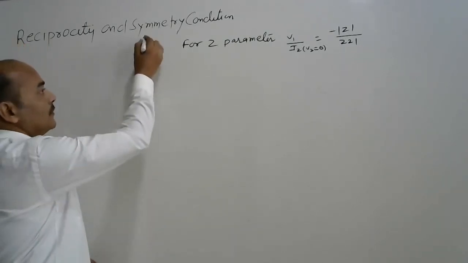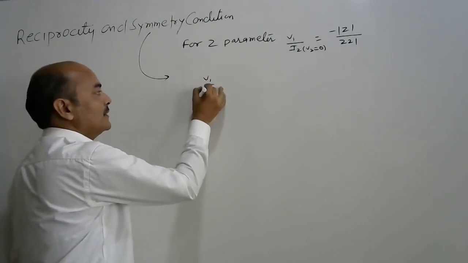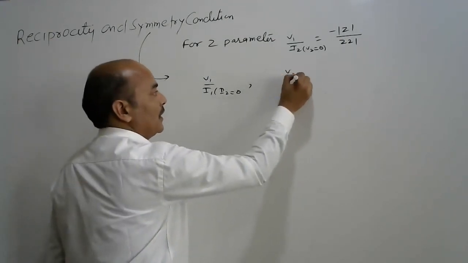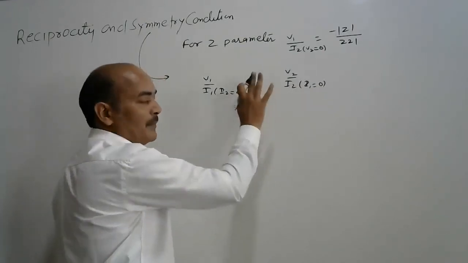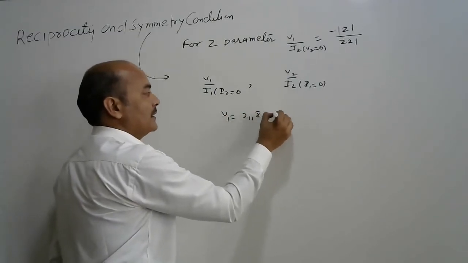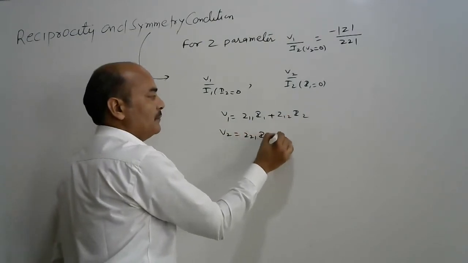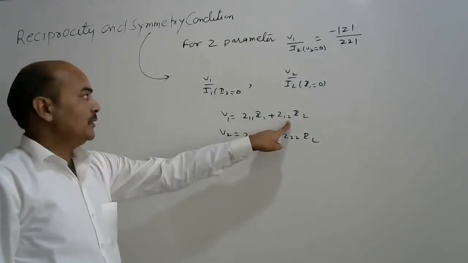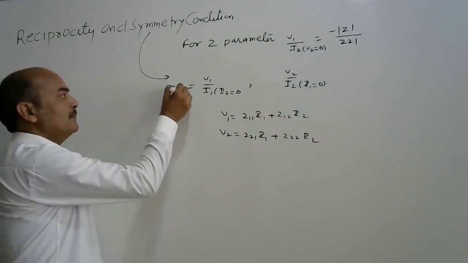Now the condition for symmetry. In the symmetry condition, we first calculate V1 by I1 with I2 equal to 0, and second, V2 by I2 with I1 equal to 0, and then make both of them equal. So V1 is Z11 I1 plus Z12 I2, and V2 equals Z21 I1 plus Z22 I2. In the first case, when I2 is equal to 0, this term becomes Z11.